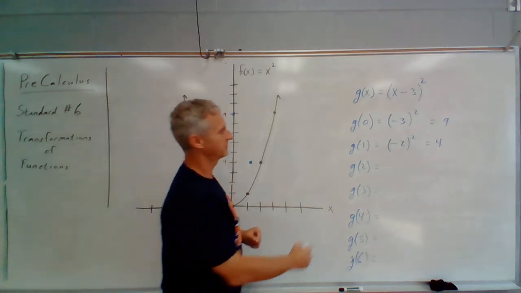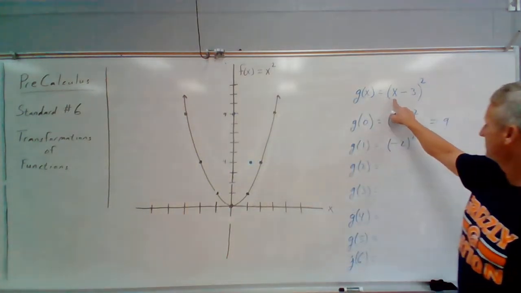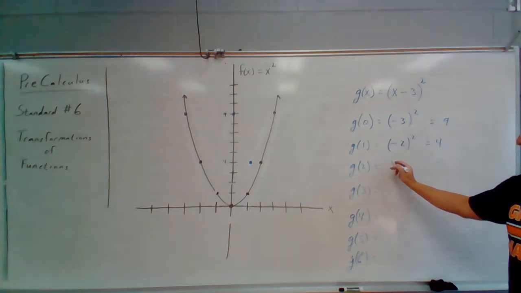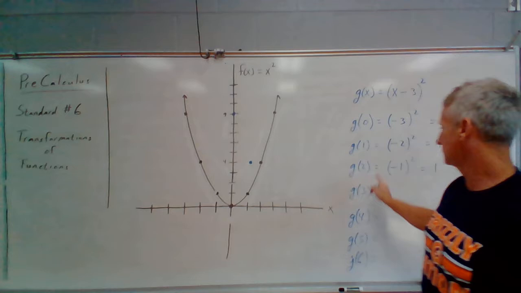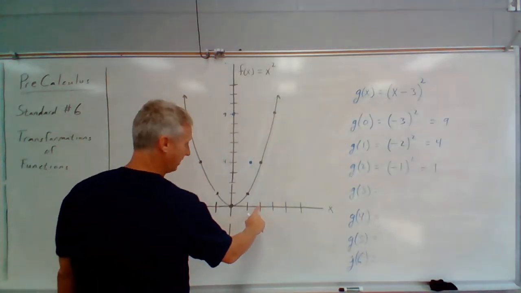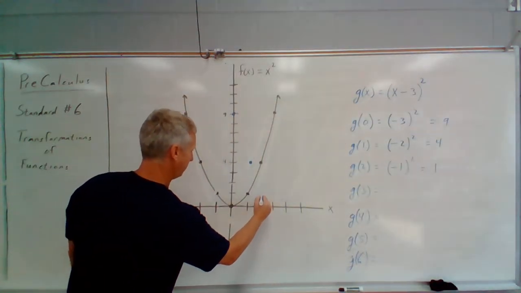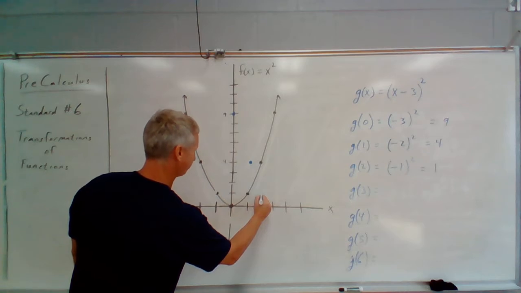And let's do another. So I'm going to plug a 2 in. 2 minus 3 is negative 1 squared, which would be 1. So I plug in a 2, and I get 1.